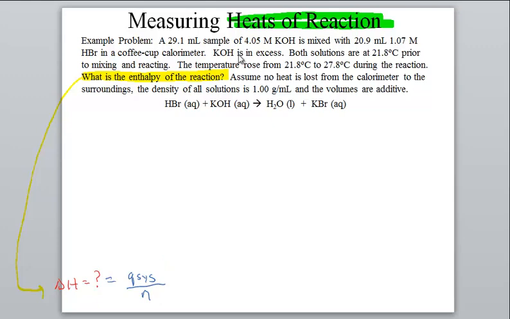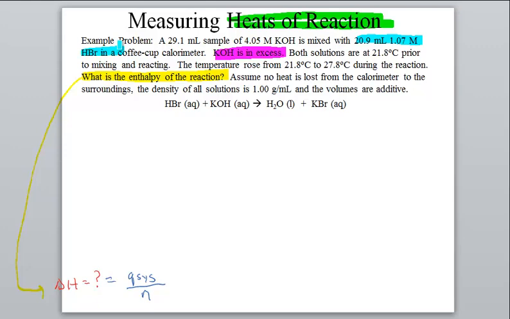As you read through the problem, you see that KOH is in excess, meaning this reaction is limited by how much HBr is reacting. You're told the volume of that aqueous HBr solution, how much is reacting. We can use that information to figure out how many moles of HBr reacted.